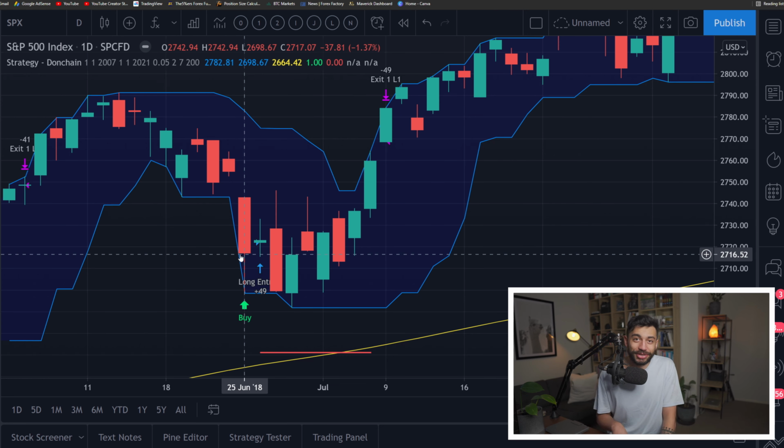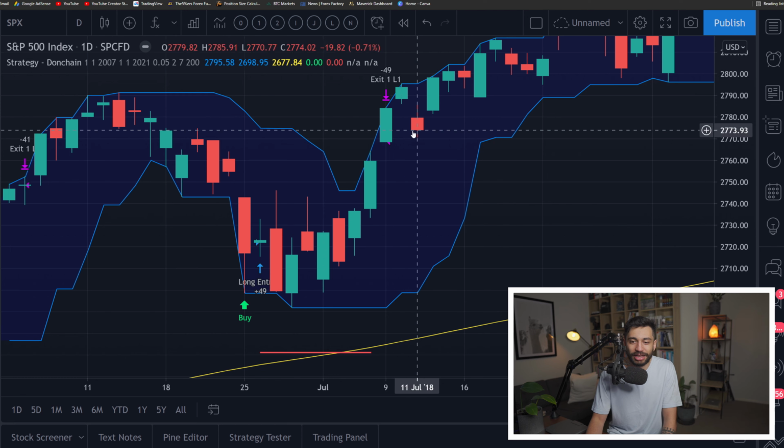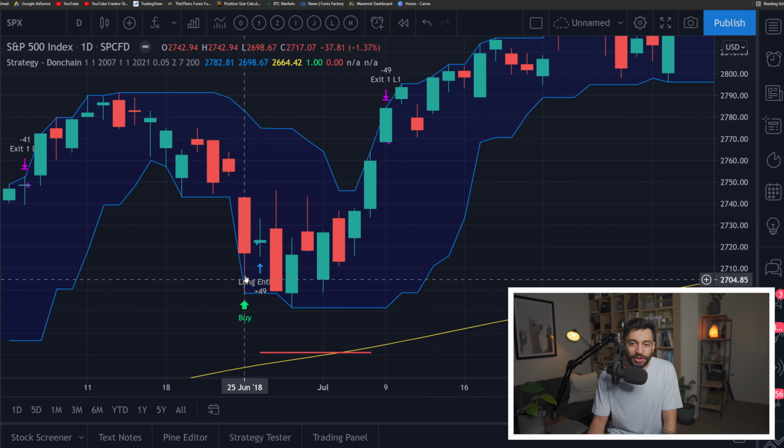Now the Donchian channel can be used in multiple different ways. It can be used as a breakout trend following type strategy. However, for this particular trading strategy, we are going to be using the Donchian channel as a kind of mean reversion or a pullback type of strategy, where we're currently in a long regime, which the long regime is of course price being above the 200 simple moving average, and there is a close below the Donchian channel.